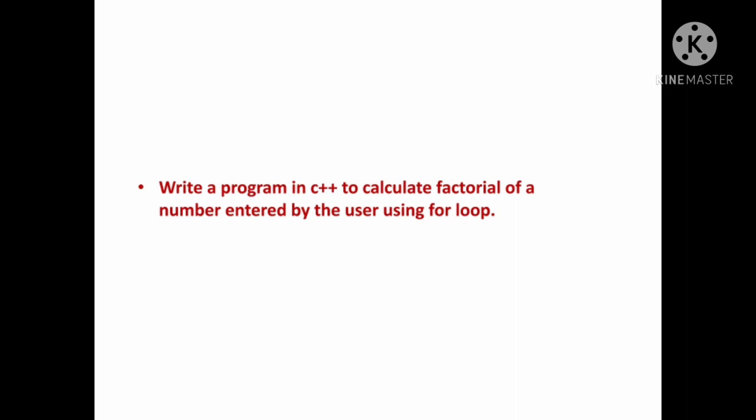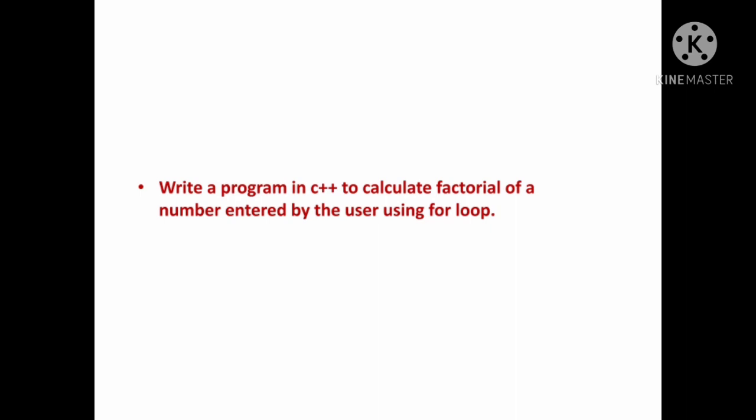The factorial of a number is the product of all the integers from 1 to that number. The factorial can only be defined for positive integers. For example, if the user wants to find the factorial of 3, then it is calculated as 1 into 2 into 3.